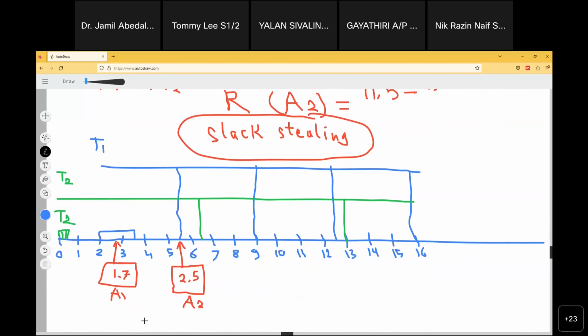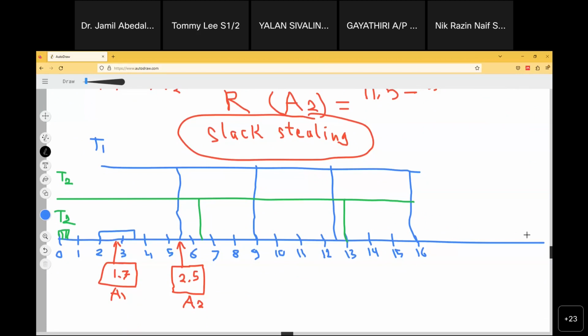No. Who's that? Nick. Your name, Nick? Nick Razin. Your opinion, please. Why you disagree? Because for slack stealing, we need to prioritize the periodic first, right? Exactly. Thank you, Nick.